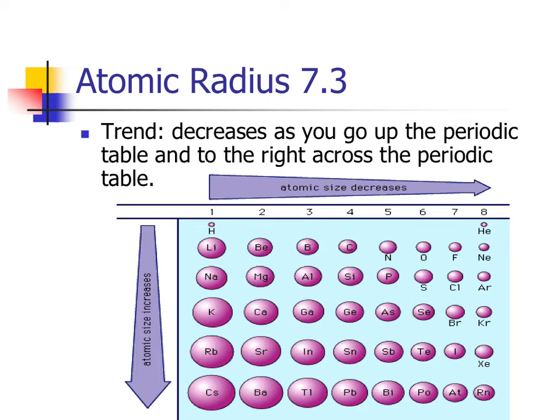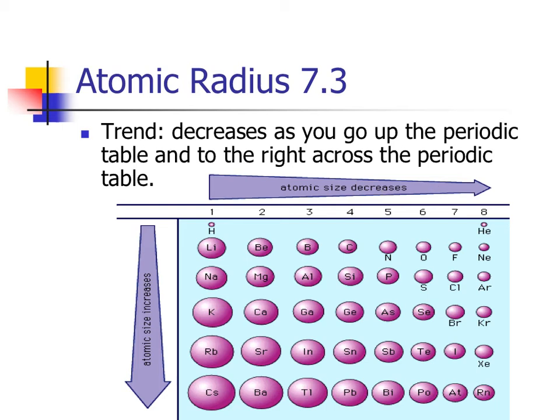Now, the one that's maybe a little bit less intuitive is going from left to right. That requires a little bit of understanding of what's going on as we go from left to right. We see that the atomic size decreases.